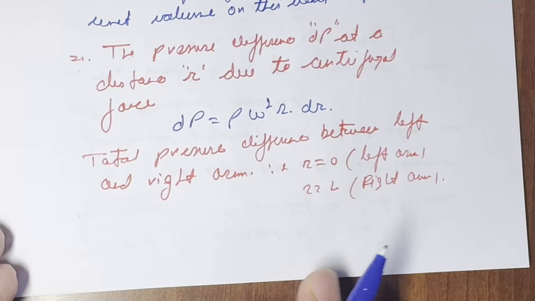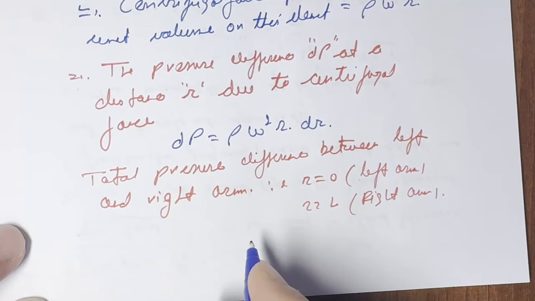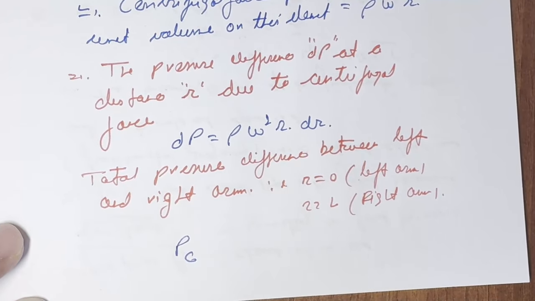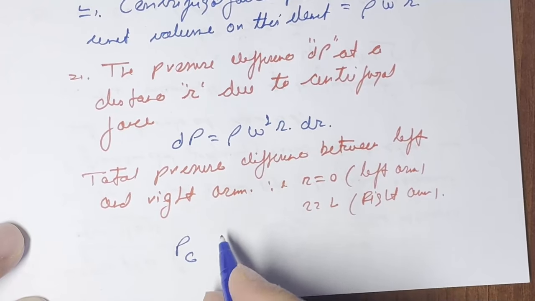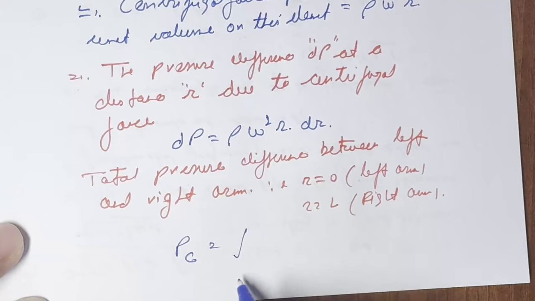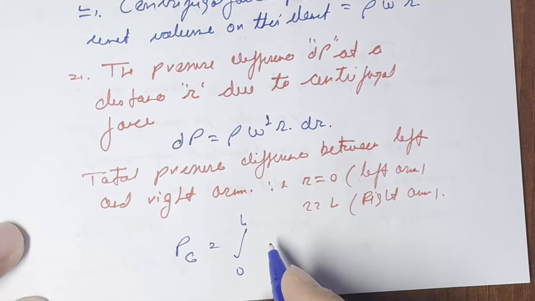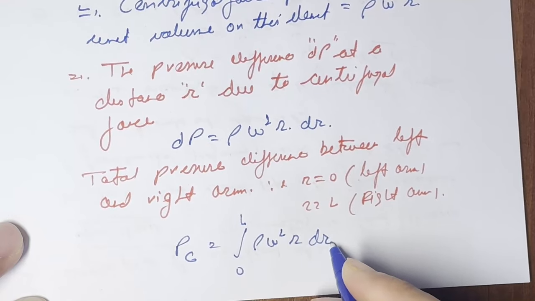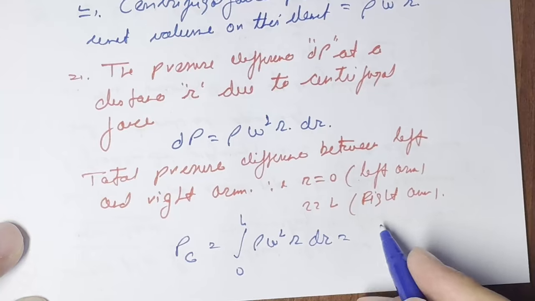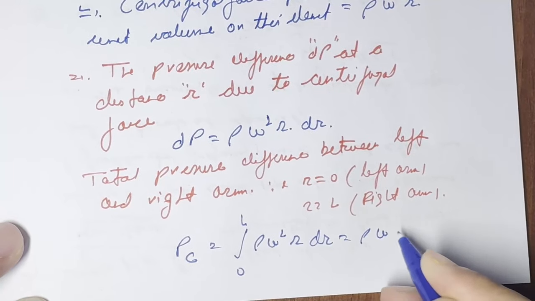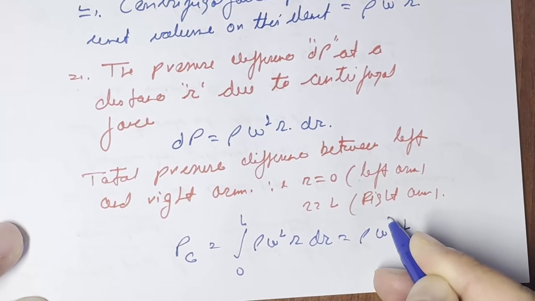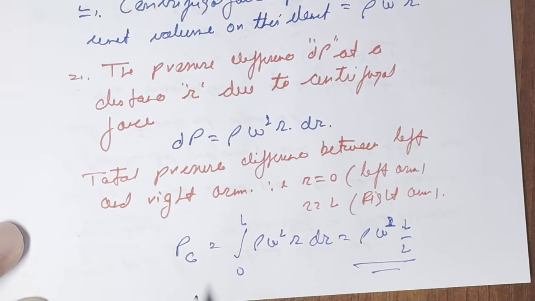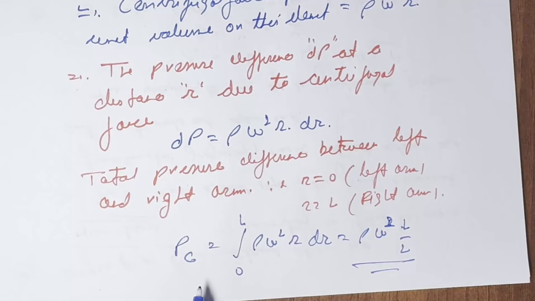So let us call this PC, pressure difference due to centrifugal force, and that will be equal to the integral from 0 to L of rho omega square r dr, which will be giving us rho omega square L square by 2. So this is the pressure difference that is being created by the centrifugal force.